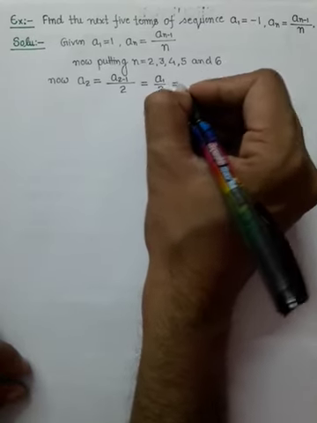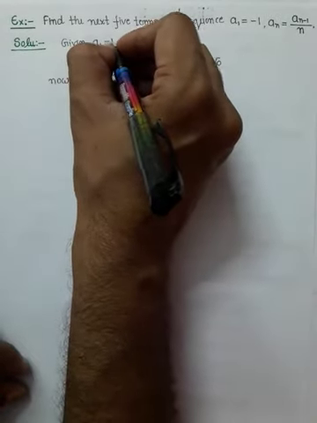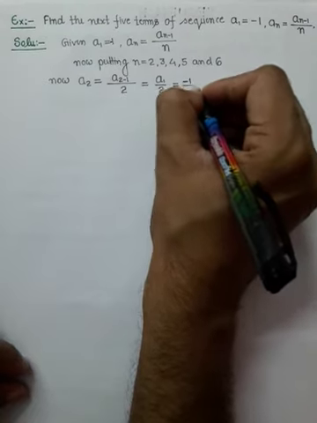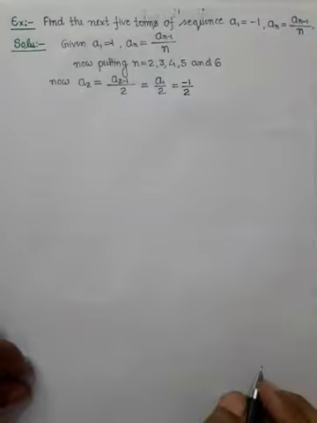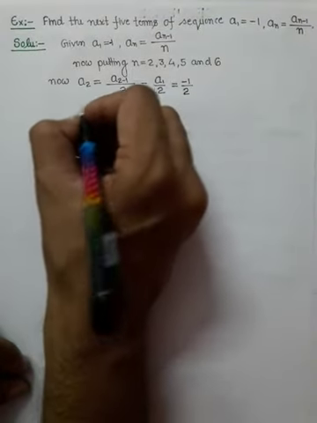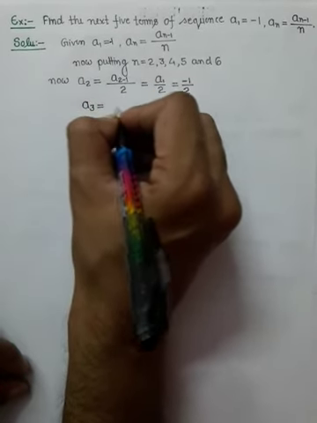We have given a1 is equal to -1. So we will put here -1 over 2. So of course this is the value of a2.